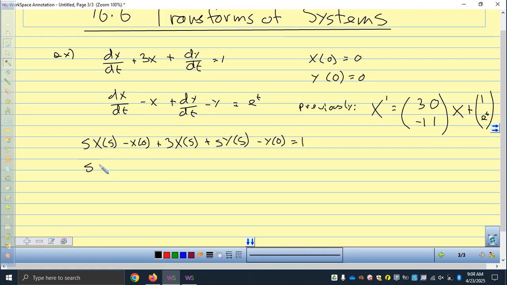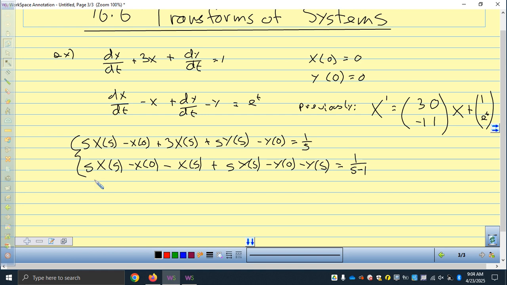And for the second equation, we get s x of s minus x of 0 minus x of s, plus s y of s minus y of 0 minus y of s, equals the Laplace transform of e to the t, which is 1 over s minus 1. So this is our system of equations that we need to solve for x of s and y of s.